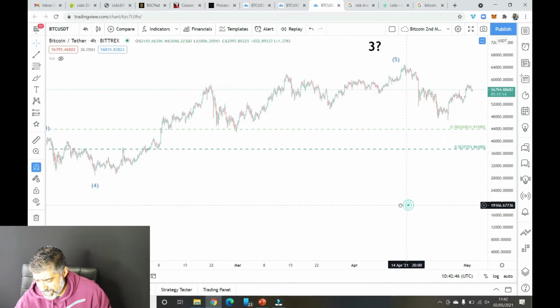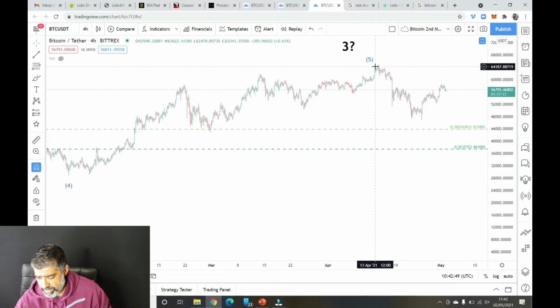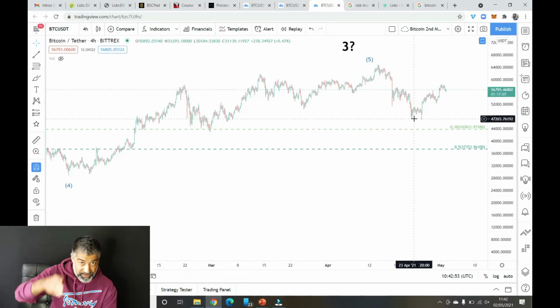So now we're in a smaller time frame. This down here is what we're referring to as a potential wave A. And typically a wave A breaks down to 5 subwaves.